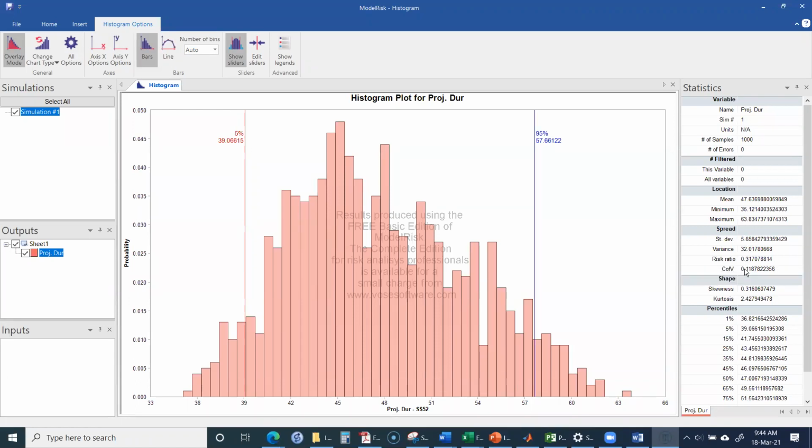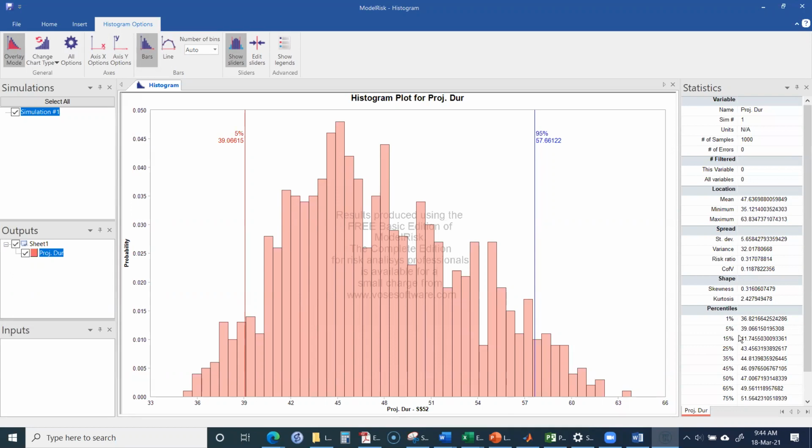And similarly, some other factors. Here you have the percentiles as well. The 1 percentile is 36.82. It means that there is only a 1% chance that the project will finish in 36.82 or fewer days.